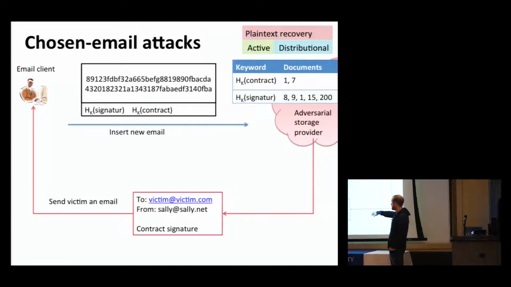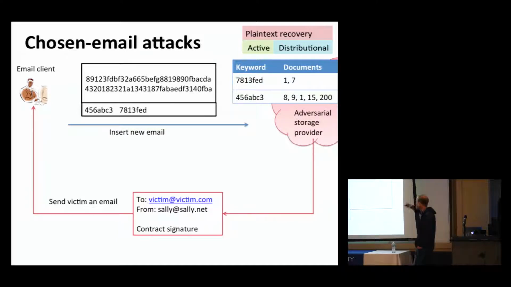Of course, if we had just put one word in, here I'm assuming the unordered PRF, like contract, then it would be immediate that you reveal which of these two values you would get, 7813 FED. If it's unordered, it's randomized. It could be two different things, right? It could be signature contract or contract signature. It's not necessarily clear which.